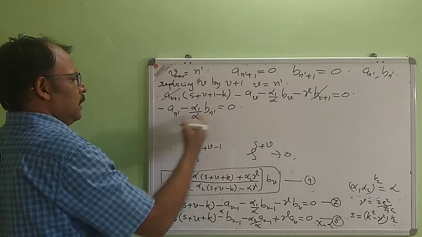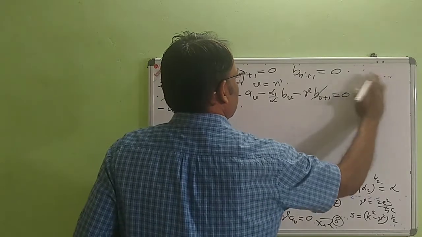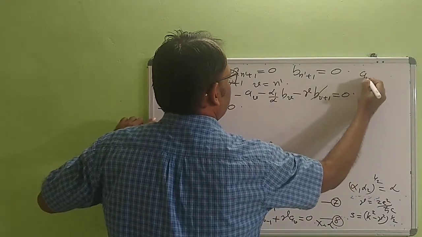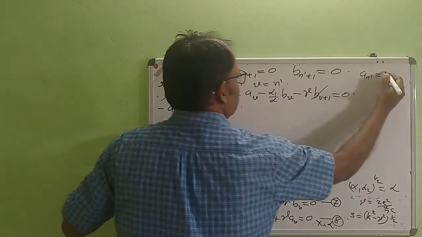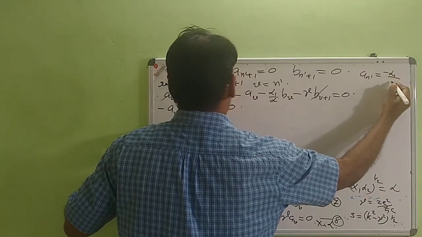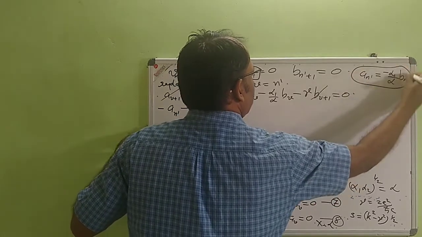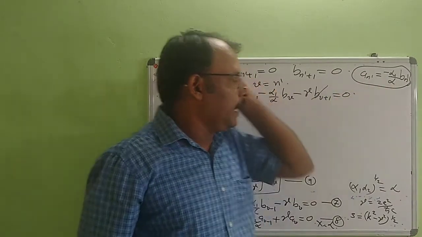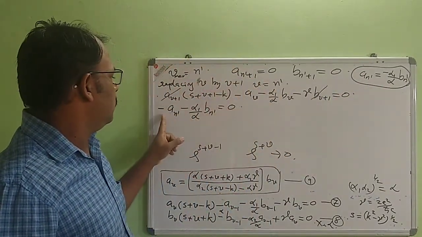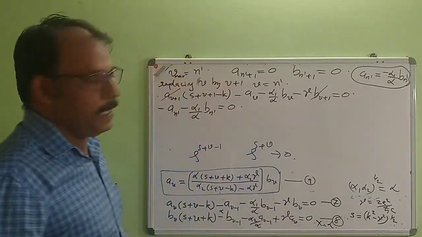Taking the term to the right hand side, we have a n prime equal to minus alpha 1 by alpha b n prime. So we obtain the relation between a n prime and b n prime as a n prime equal to minus alpha 1 by alpha b n prime.